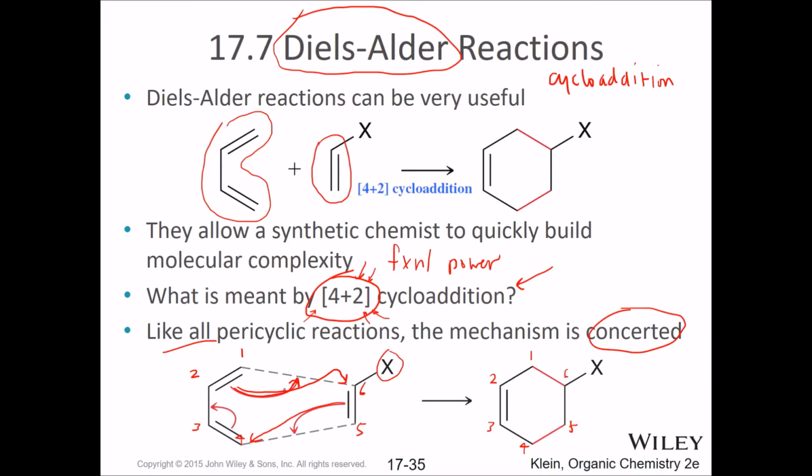Do you see that there's a new double bond being formed between atoms 2 and 3? There it is right there. Do you see that there is a new bond being formed between atoms 1 and 6? There it is, right there. It's coming from these electrons, right? Do you see there's a new bond being formed between atoms 5 and 4?